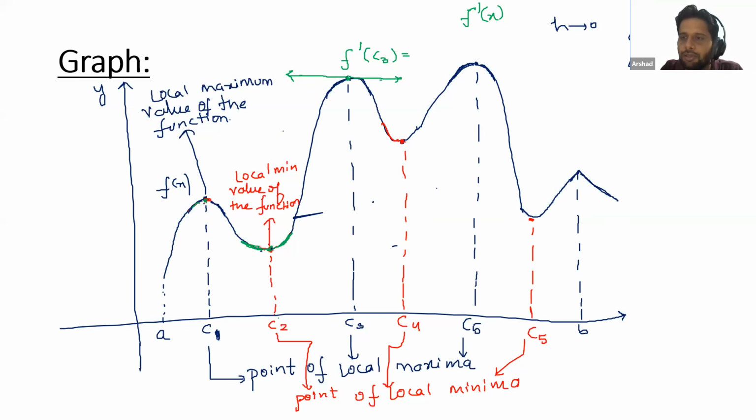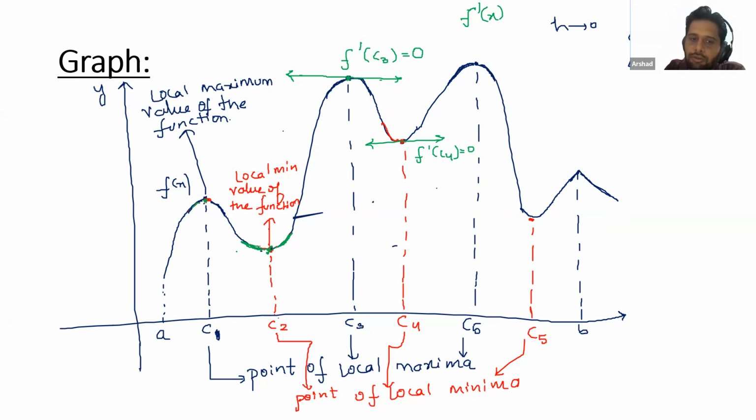If a line is parallel to the x-axis, what is its slope? Zero. So if you draw a tangent and the tangent is parallel to the x-axis, the derivative will be 0. So f dash C3 will be 0. Here, if you draw this tangent, then f dash C4 will be equal to 0.